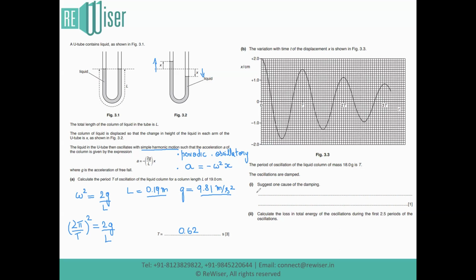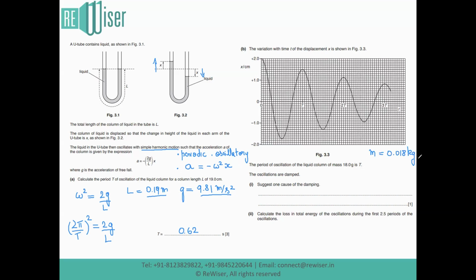And the specific characteristic of a damped oscillation is the fact that a resistive force reduces the amplitude periodically. Moving ahead, the period of the oscillation of the liquid column of mass 18 gram is T. So we have the value of mass M, which is 0.018 kilogram.